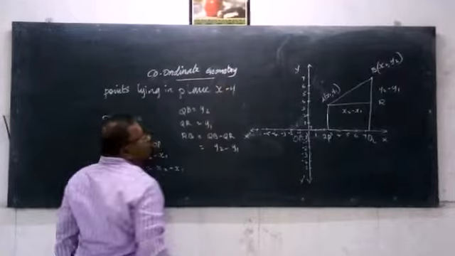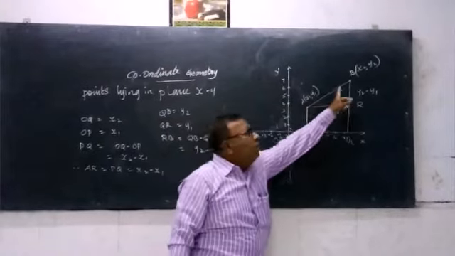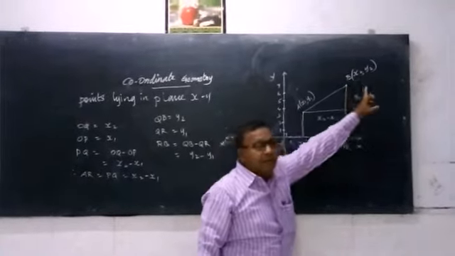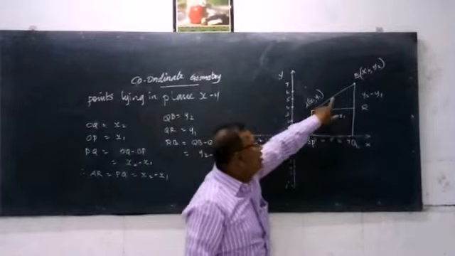Now you see here, I have selected 2 points, A whose coordinates are x1, y1 and B whose coordinates are x2, y2. I have joined these 2 points to get a line AB.